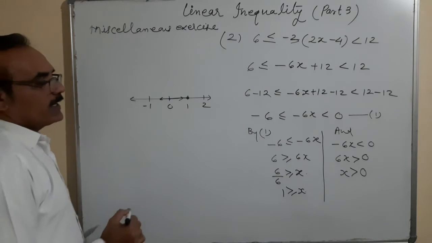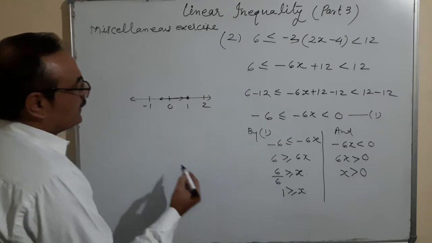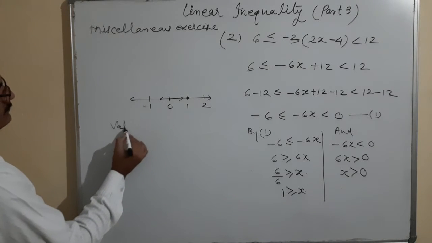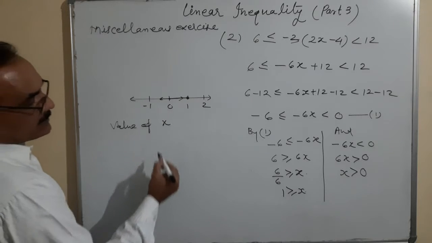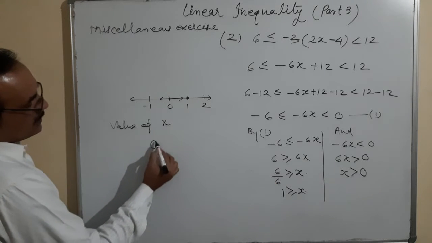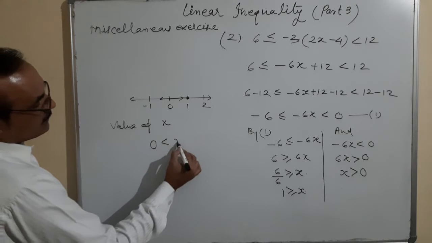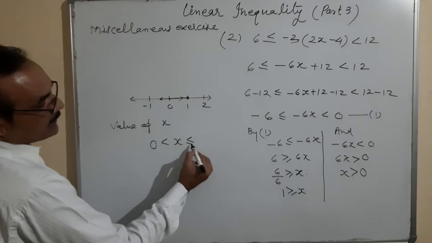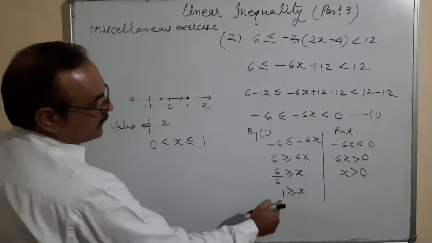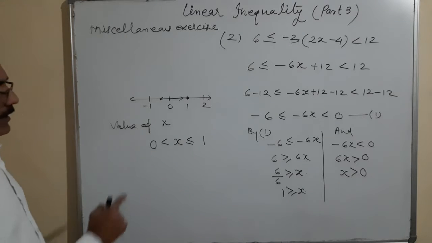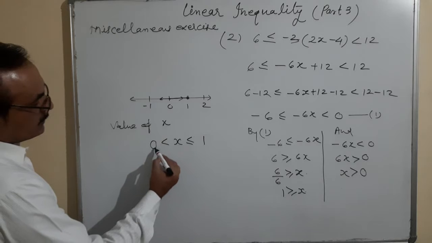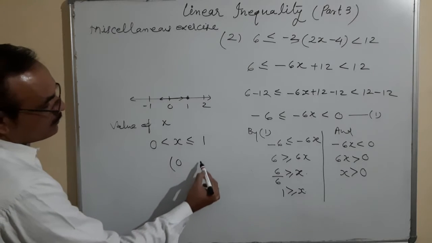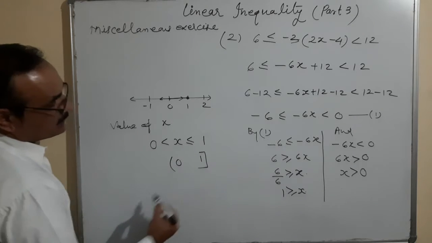So we can write here, therefore the value of x is: 0 is strictly less than x is less than or equal to 1. If you want to write it in interval form, this is an open interval at 0 and closed at 1.